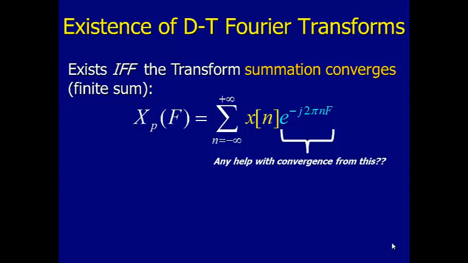So is this guy going to help? Is e to the minus j 2 pi n F going to help me converge? I see some yeses. I see lots of strong yeses. I see a lot of heads unwilling to do anything. And the answer is no, it's useless.